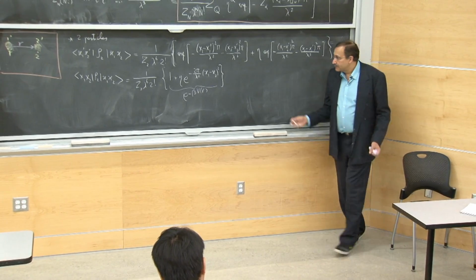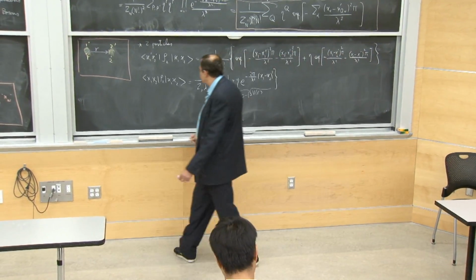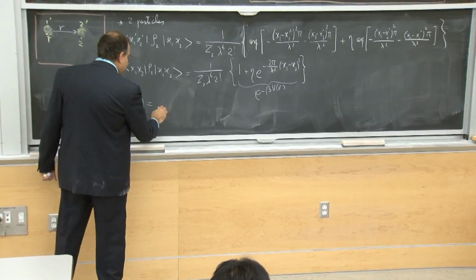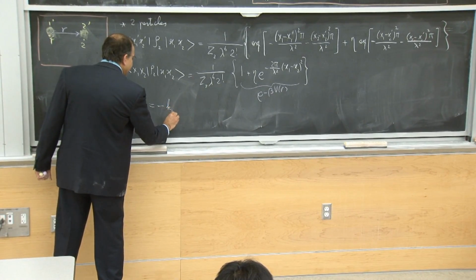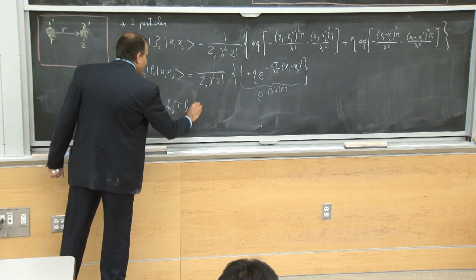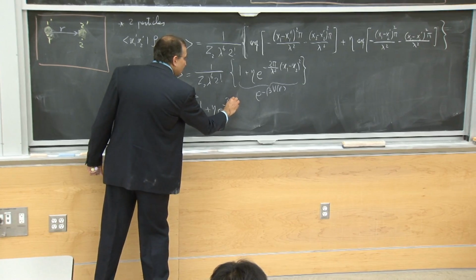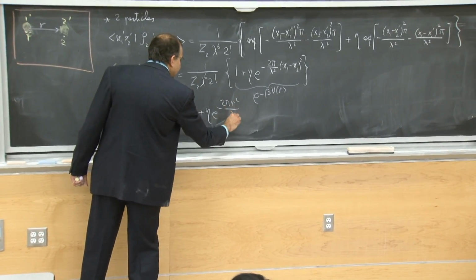And what is this interaction? This interaction v of r would be minus kT log of 1 plus eta e to the minus 2 pi r squared over lambda squared.